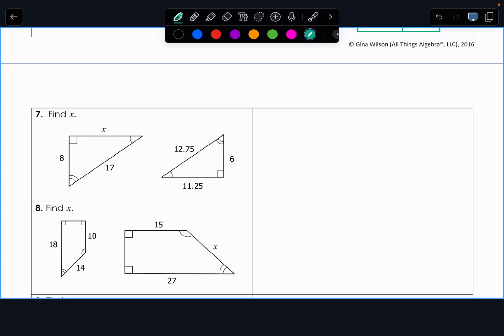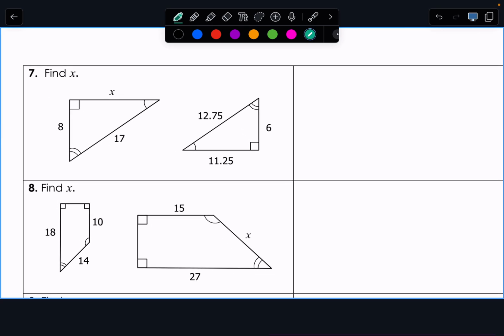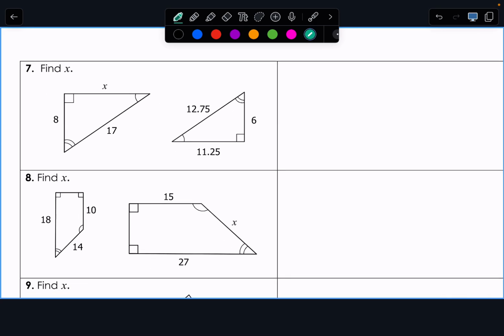Okay. In number 7. Yeah, it's okay. In number 7. Okay, go. My calculator. It'll be okay.